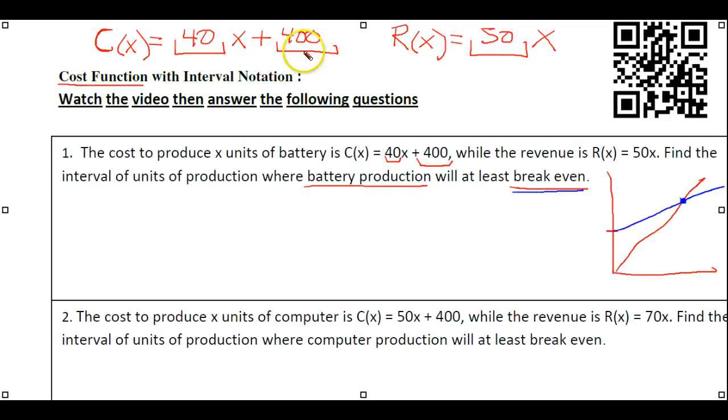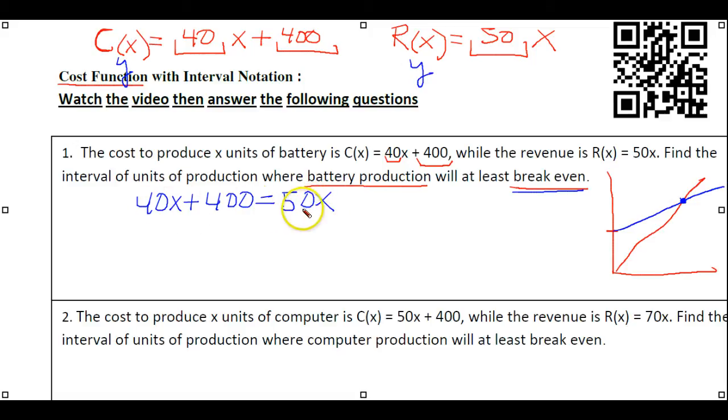So how would you solve this? Well, we said this is considered like a y, and this is considered like a y. So we have 40x plus 400 equals 50x. That is, this is a y equals a y. So we're going to solve for x now.